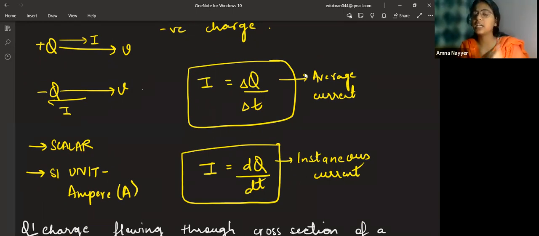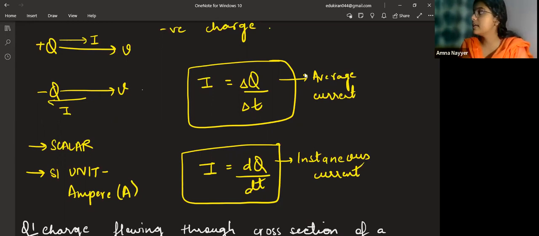Simply differentiate it. So current, though it has a direction, is a scalar quantity, because it does not obey the vector laws. For a quantity to be a vector it has to have magnitude and a specific direction and obey the vector laws.